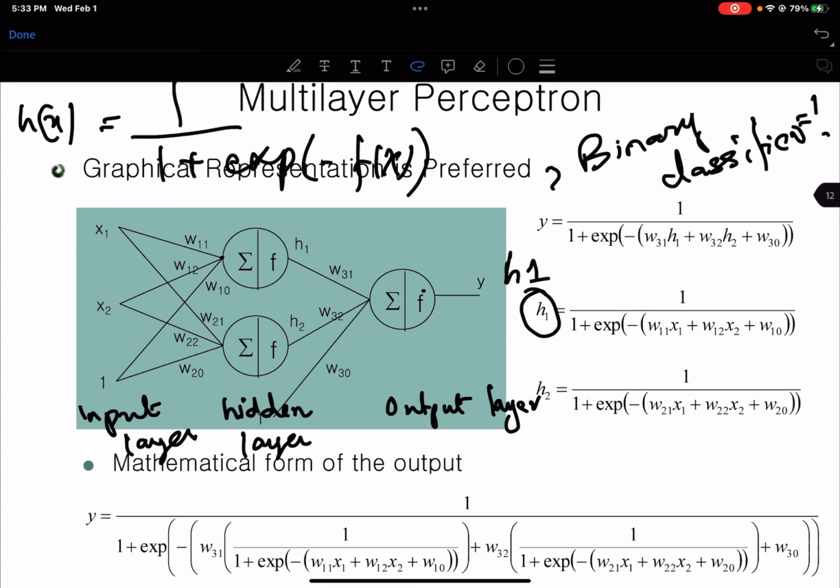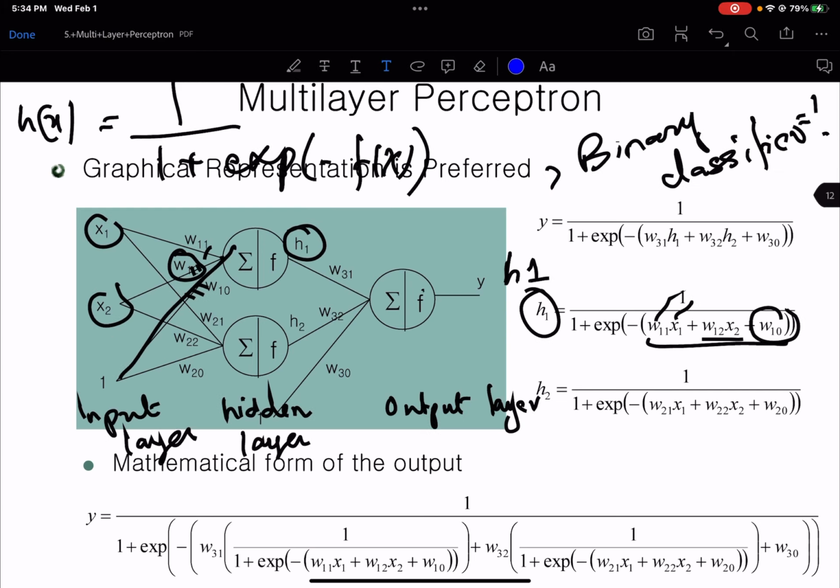So the function here, look at the output here. It is the combination of what? These three links. So W11 multiplied by x1, W12 multiplied by x2, and then we have this W10.